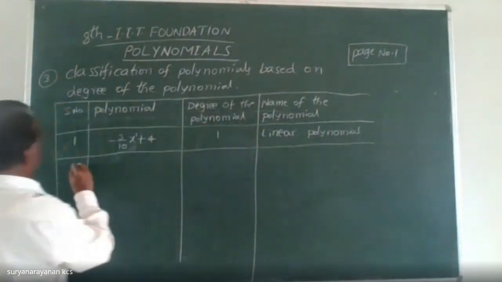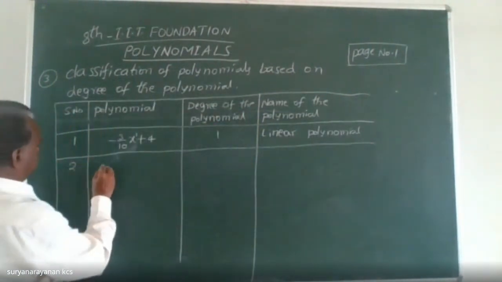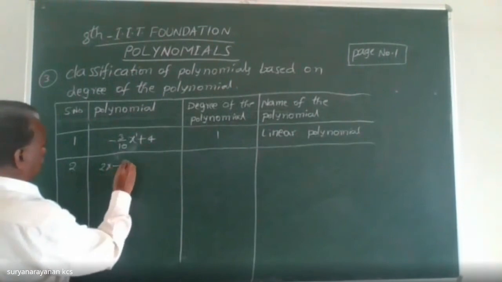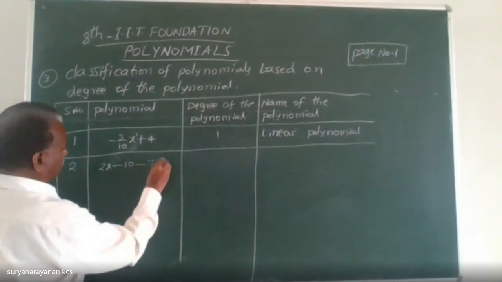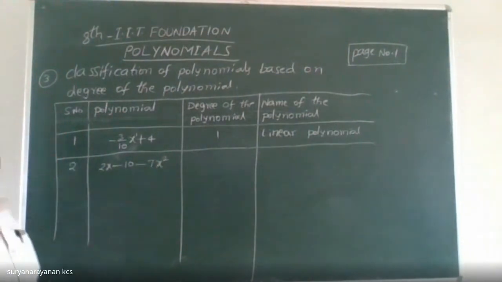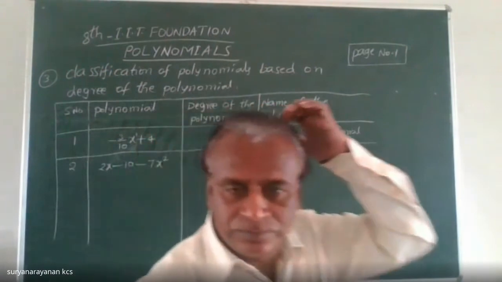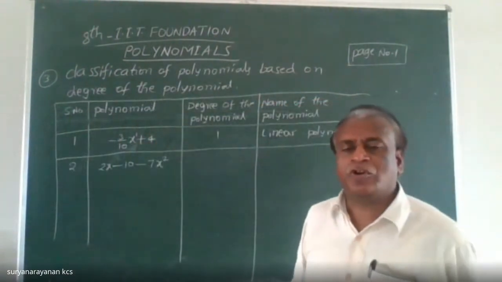And see the second example. Now tell me the degree of this polynomial: 2x squared minus 10 minus 7x to the power 2.